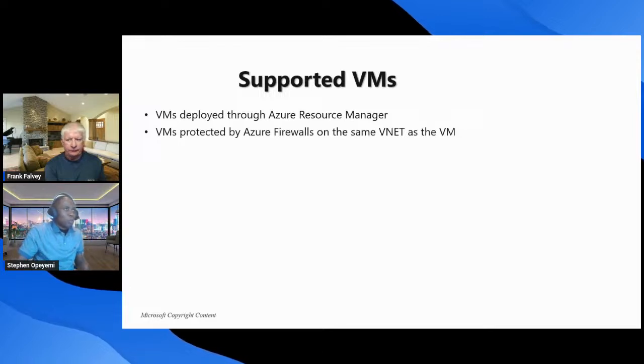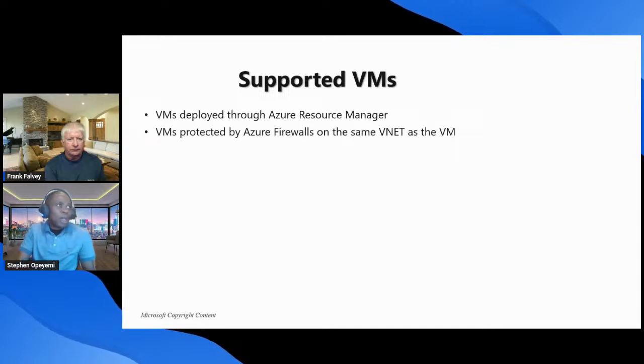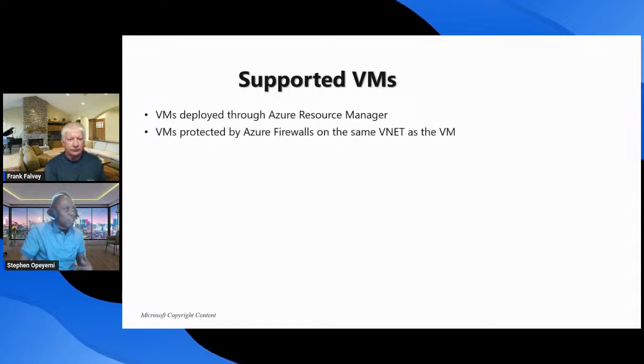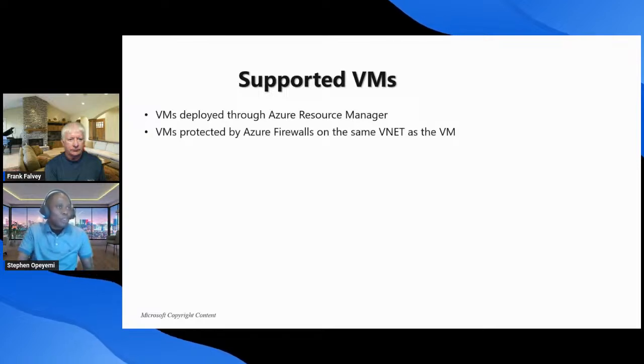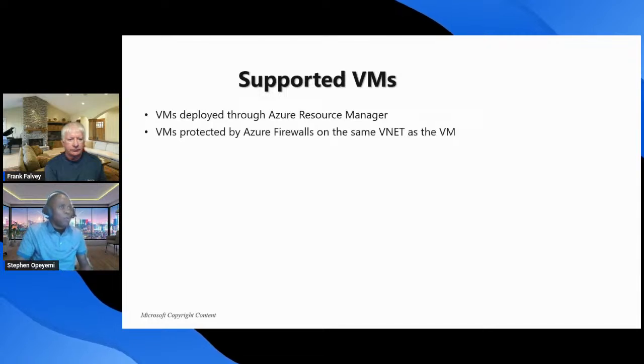Supported VMs are VMs deployed through Azure Resource Manager, and VMs protected by Azure Firewall on the same VNet as the VM. So whether it's a VM that you deploy through Azure Resource Manager, just-in-time can be applied on it, or a VM protected by Azure Firewall on the same VNet.